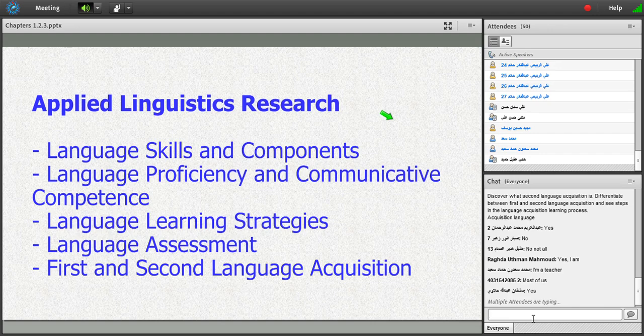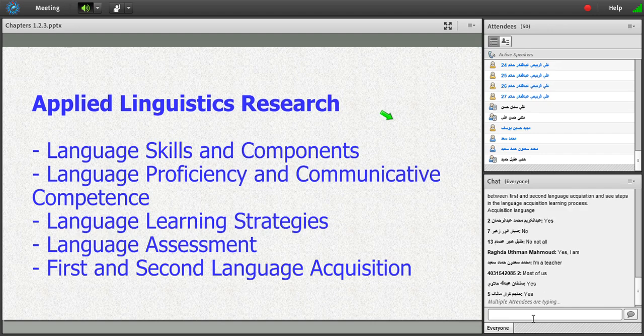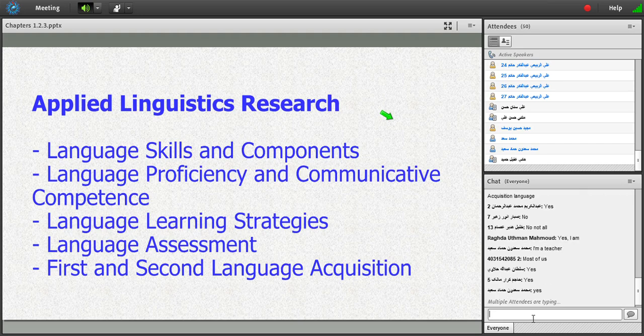So before we start talking about these areas, can I ask you a question? What books do you study in language institutes? Do you teach? Okay, because your students study. What books are the materials used in private institutes? For example, in Iran, we use Headway, Interchange, Top Notch.